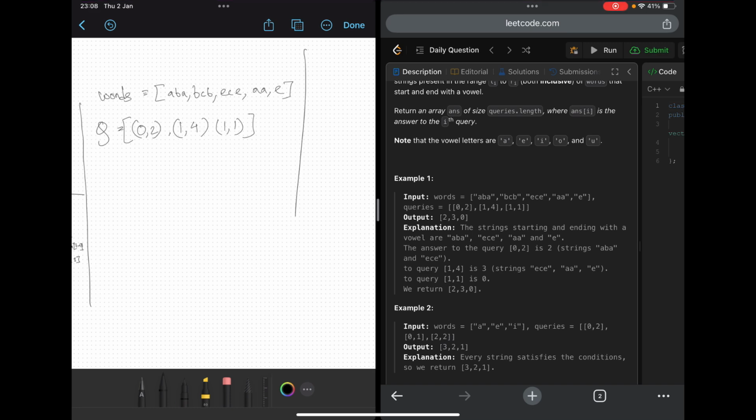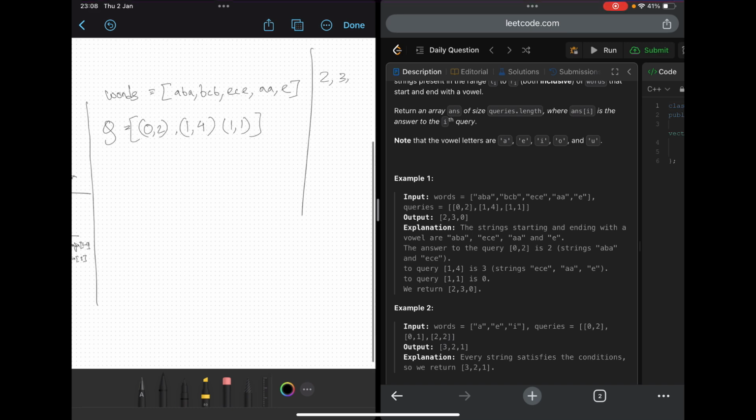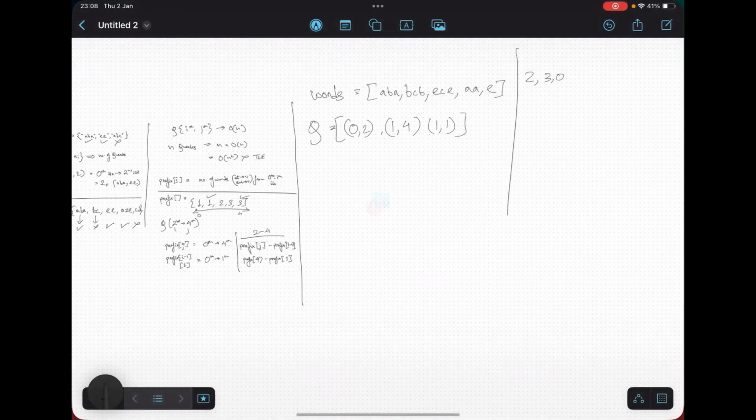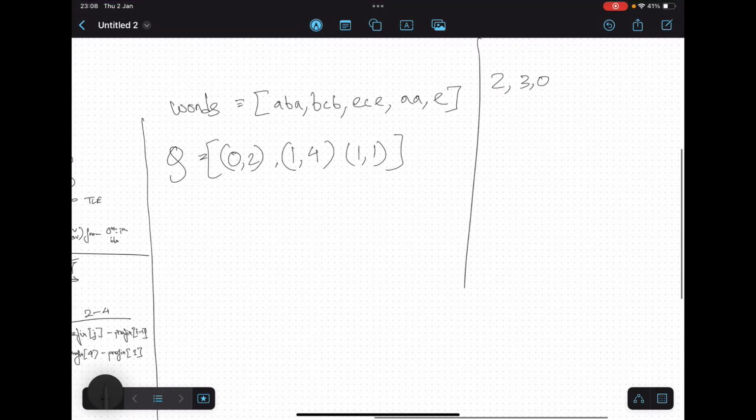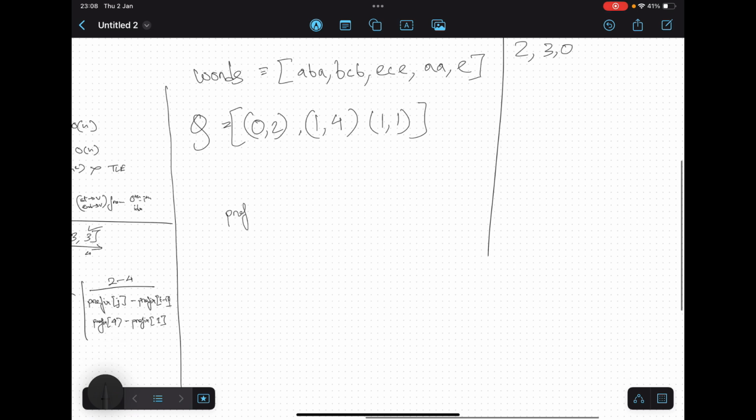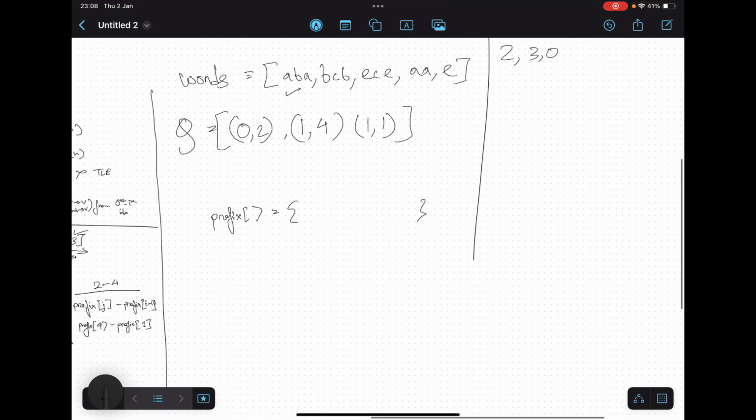And the given outputs are 2, 3, 0. So let's solve it with our logic. We first make a prefix array which will store the count. So ABA is a valid string, BCB is not, ECE is a valid string, AA is a valid string, E is a valid string. So the count would be 1, 1, 2, 3, 4.